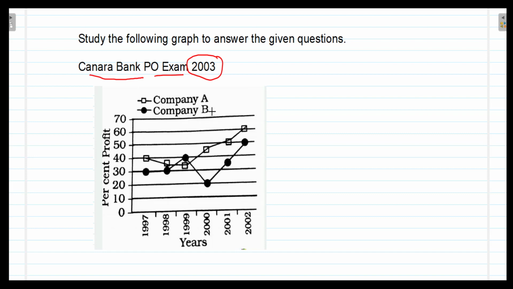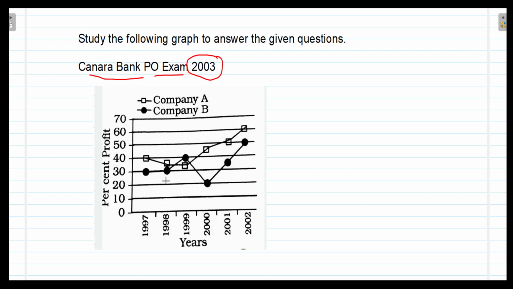Here in this examination, the line chart was given to you. On x-axis years are depicted and on y-axis percent profit is given. It means that in 1997 company B has a profit of 30%.